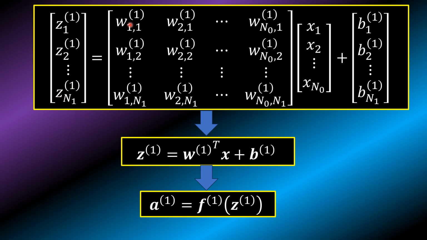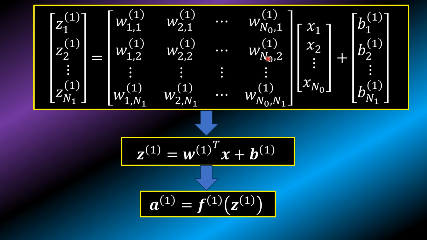And then we have the weights. For example, this weight over here is the weight associated with the connection between the second neuron in the input layer and the second neuron in the first hidden layer.